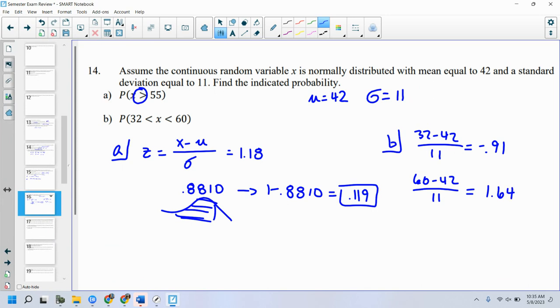And now I just find those two probabilities. Since I want to go in between, I'll take the two probabilities and subtract them, because this is going to give me a high end and a low end. I want to subtract off the low end. 1.64 gives me 0.9495.